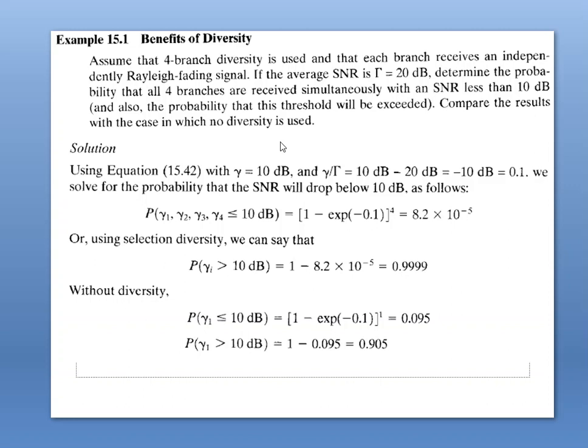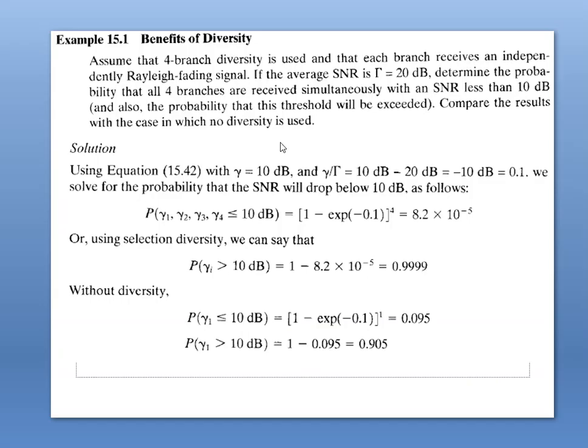In this problem, only 4 branches are given, so gamma 1, 2, 3 and 4 less than 10 dB is equal to 1 minus exponential of minus 0.1, whole to the power of 4. We already discussed the same formula above, that is 1 minus exponential of minus gamma by tau, whole power of m, where m equals 4 here. Using that formula, 1 minus exponential of minus 0.1 whole power of 4 is equal to 8.2 into 10 to the power of minus 5.